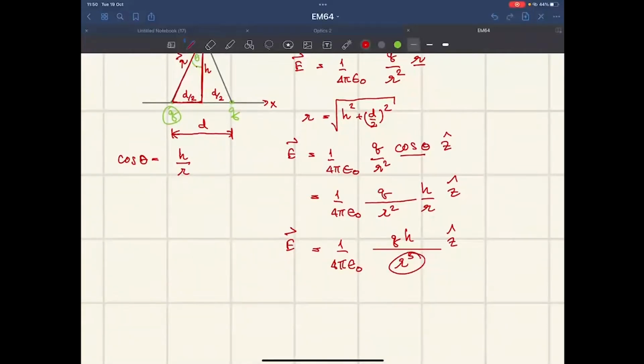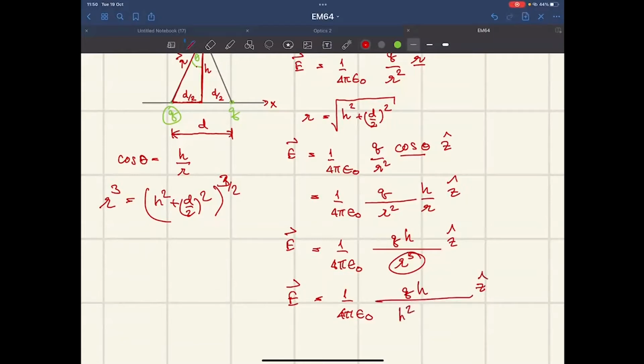R is equal to (H squared plus (D over 2) squared) to the power of 1 over 2. So when you multiply, it becomes 3 over 2. So we have the E field here: 1 over 4 pi epsilon naught, QH in the C direction, divided by (H squared plus (D over 2) squared), the whole thing to the power of 3 over 2.